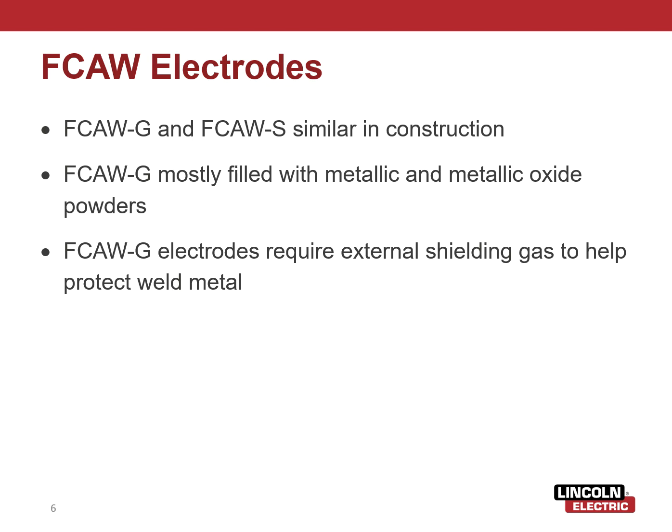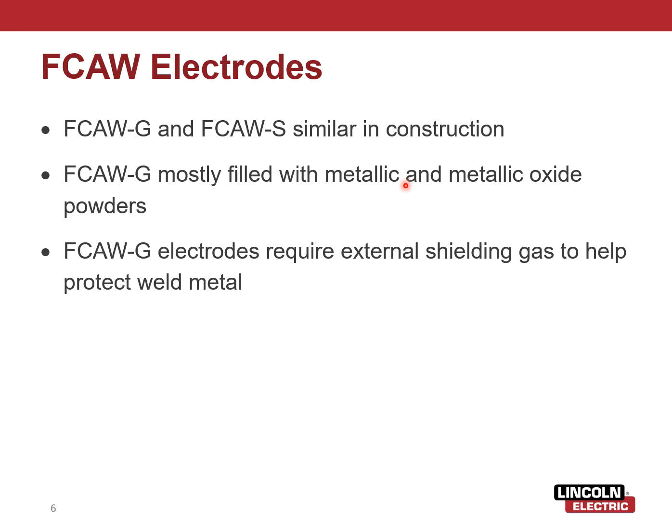So for gas shielded and self shielded, the electrodes are pretty much the same, just different sizes, different additives inside of the wire. Gas shielded flux is mostly filled with metallic and metallic oxide powders, so a lot of additives for deposition rates and things like that, or cleaners.